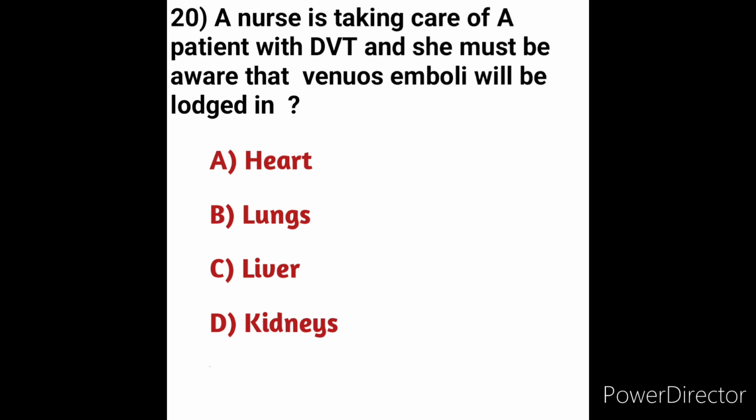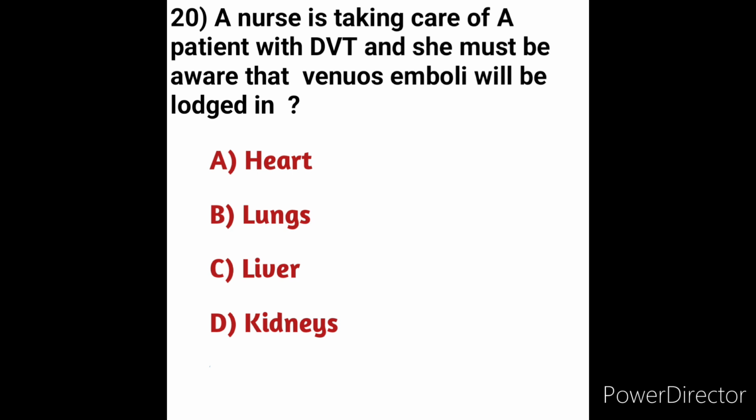We will see the options. Option A heart, option B lungs, option C liver and option D kidneys. A pulmonary embolism usually occurs when a blood clot from deep vein thrombosis, DVT, often in the legs, travels into the lungs and blocks a blood vessel.